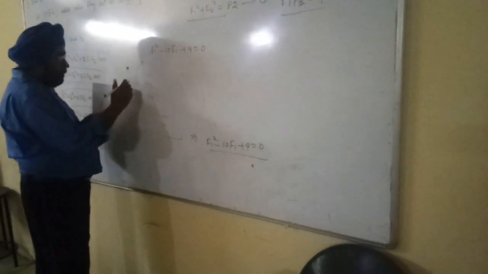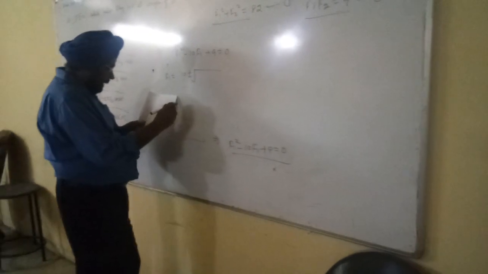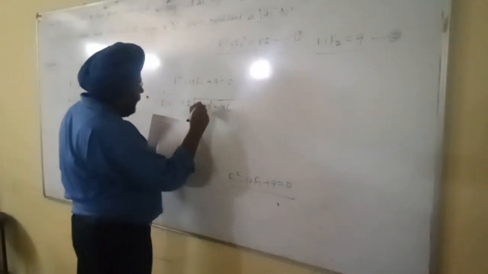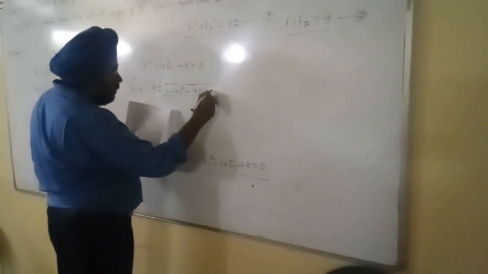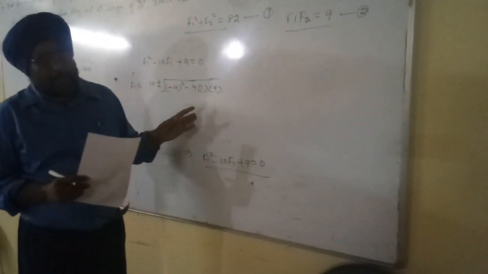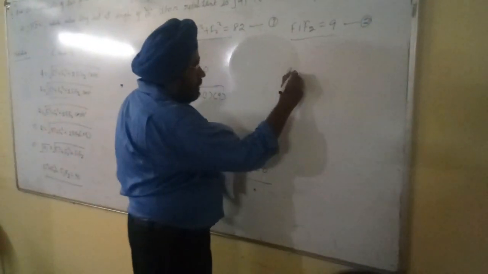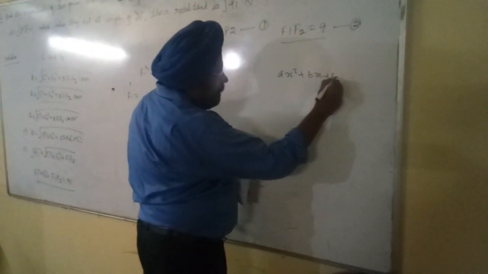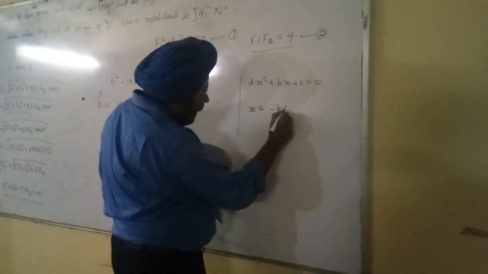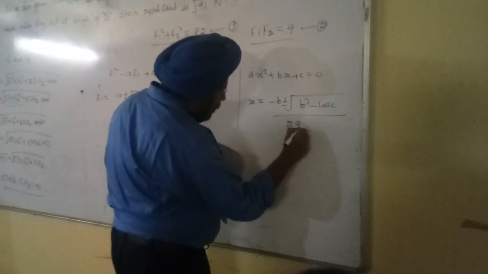The standard form of the quadratic equation is ax² + bx + c equal to 0, and the solution of this equation is x equal to (−b ± √(b² − 4ac)) divided by 2a.